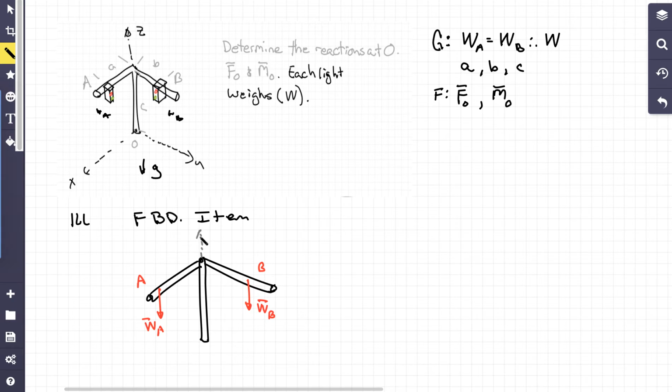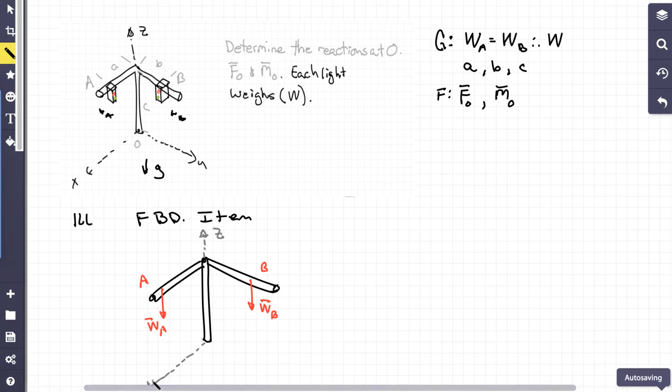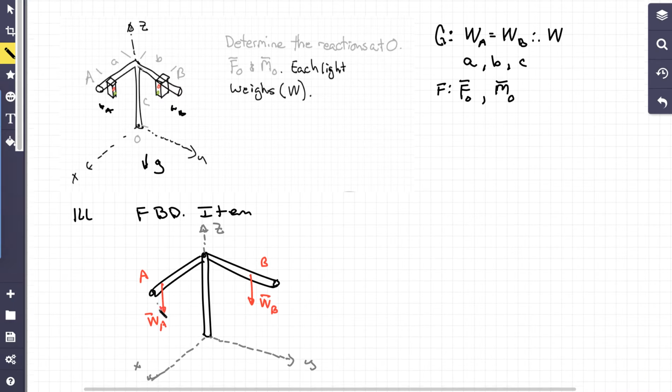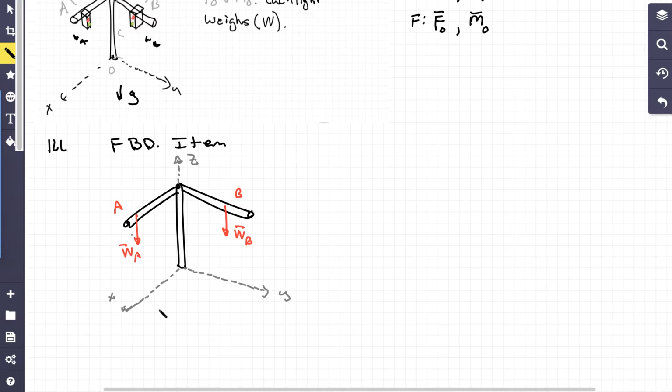Our coordinates for this problem are already given to us, which simplifies the problem tremendously. If you notice a couple things, one thing is these are the only applied loads, and they are parallel to each other, which we'll take into account when we try to simplify this problem.